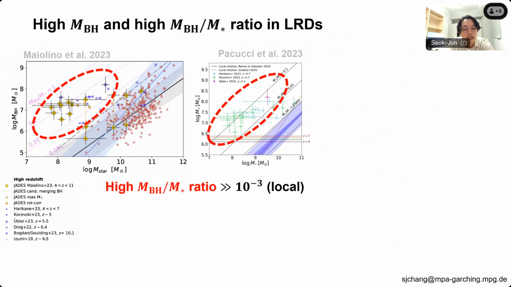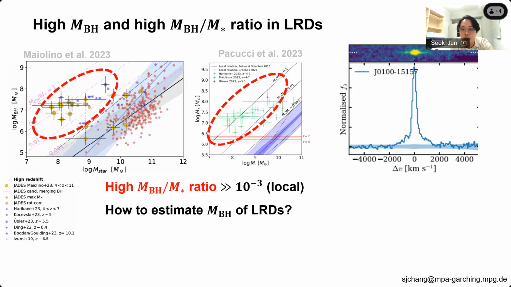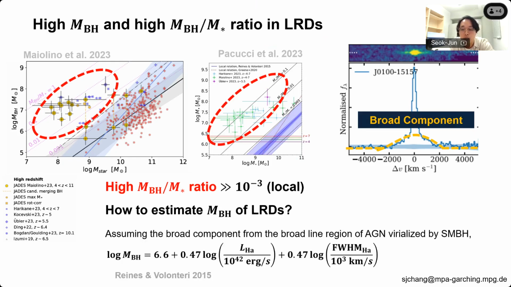So the key question is how to estimate the black hole mass of little red dots. Usually people assume the little red dots are AGN and use the standard approach, assuming the broad component of H-alpha originates from the broad line region in the AGN, just like the local AGN sample. The broad wing is fit, and with the luminosity and the full width at half maximum of this broad H-alpha component, the black hole mass is estimated by an empirical relation between black hole mass and H-alpha properties, which comes from reverberation mapping of AGN.